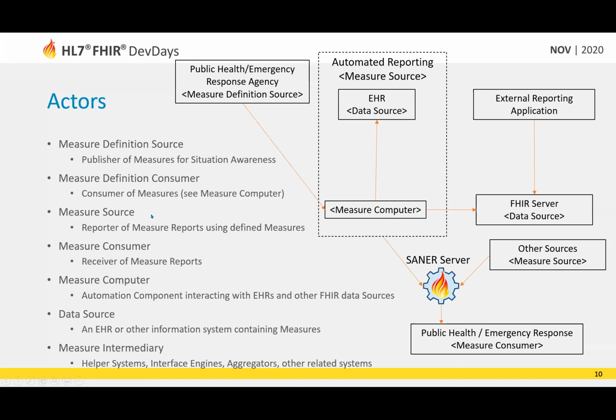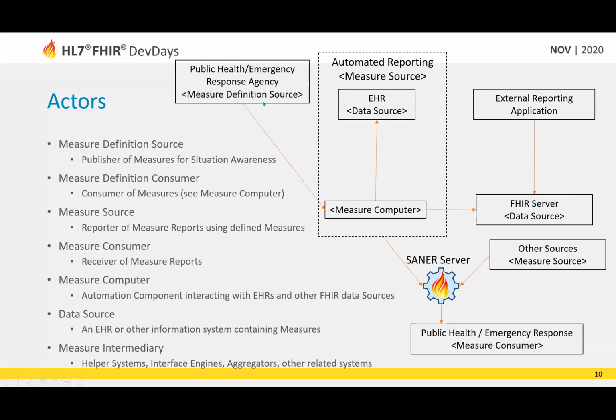Then you have the measure sources, some of which can be automated, others which can be perhaps less automated. Still, I would say some automation, but not able to immediately read the measure and automatically compute the values.